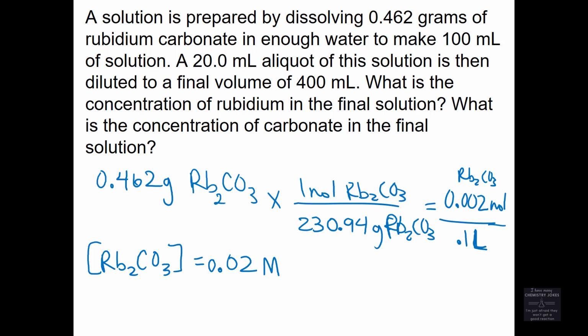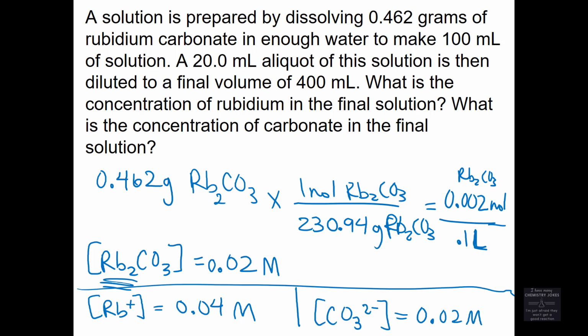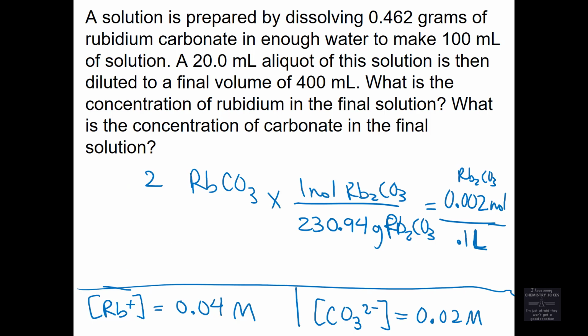Okay. 0.02 molar rubidium carbonate means my concentration of rubidium in solution A is 0.04 molar, because there are 2 rubidiums for every rubidium carbonate. Take my molarity and multiply by 2. My concentration of carbonate in my initial sample is 0.02, because there's 1 carbonate for every rubidium carbonate. Okay? This is my solution A concentration, those bottom 2 values. I'm going to have to erase some stuff so we can keep on working.